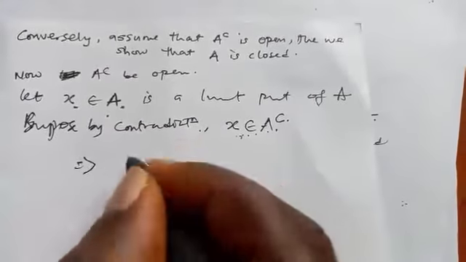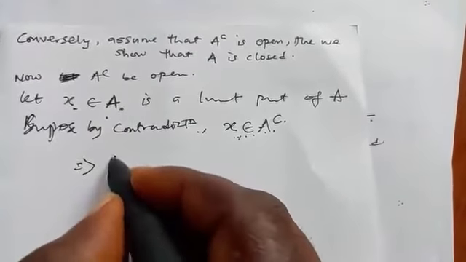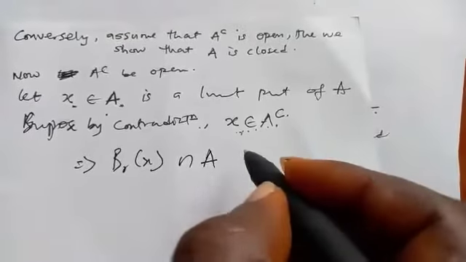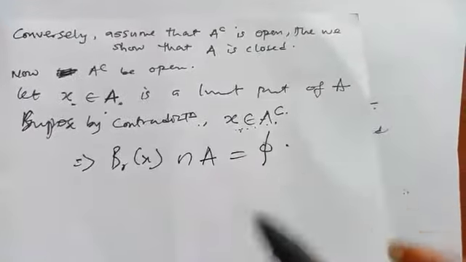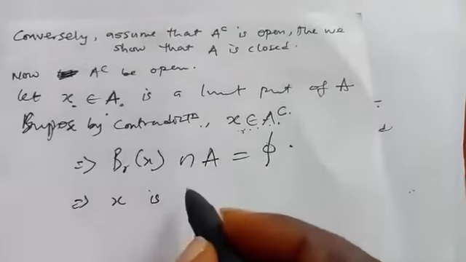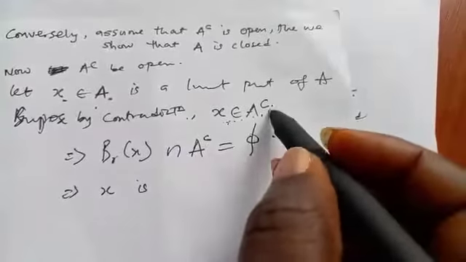And if this happens, by what we have said the other time, this simply means that BR of S intersection A is empty. So this shows that S is in A complement because of this.